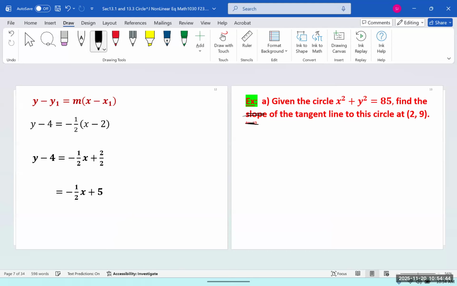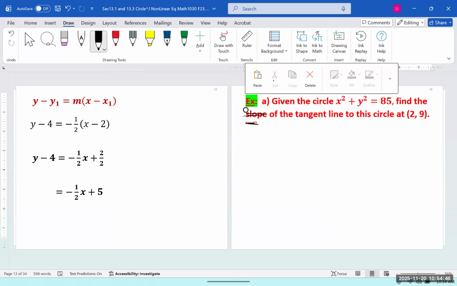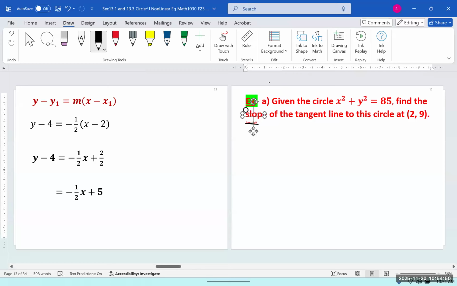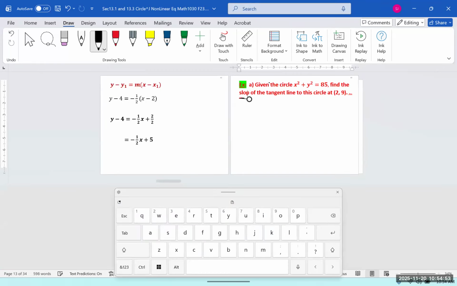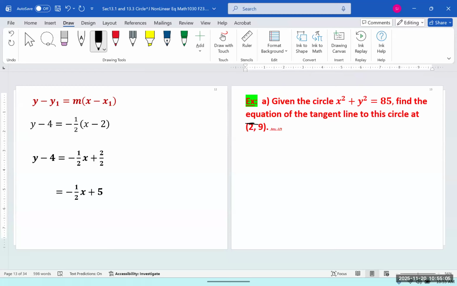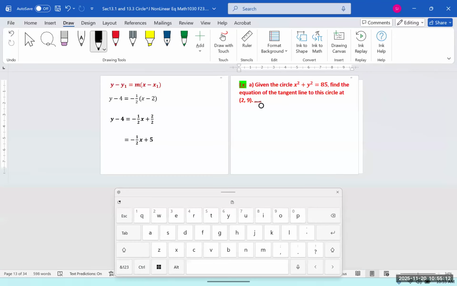Instead of slope, let me actually use this. Find the equation. Exactly. How come he's not here yet? Let's text him right now. Go ahead and ask him why. Just got it. By whom?